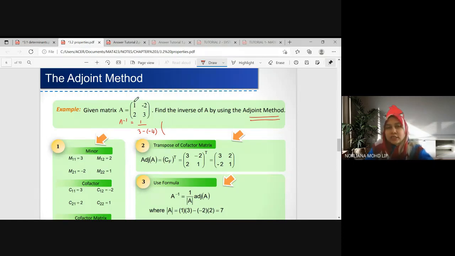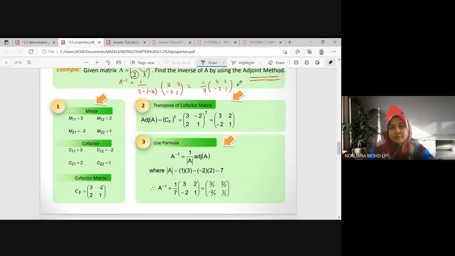We interchange A with D, so 3, 1. Then we change this sign, so 2, negative 2. Okay, 1 over 7 times the matrix 3, 2, negative 2, 1. Dapatnya sama lah: 3 over 7, 2 over 7, negative 2 over 7, 1 over 7. Okay, this is using the inverse formula.